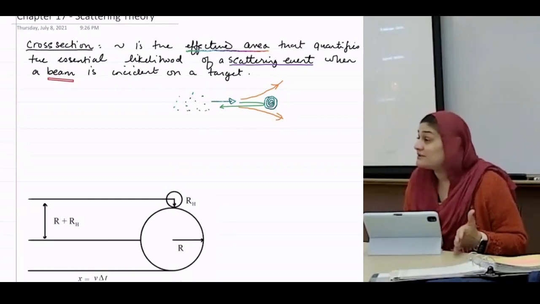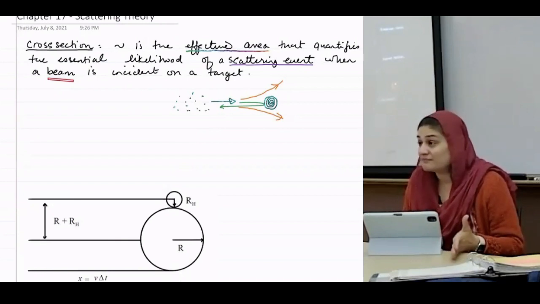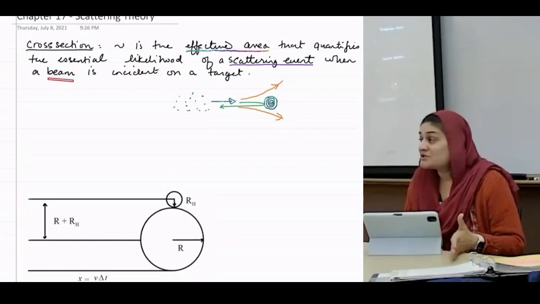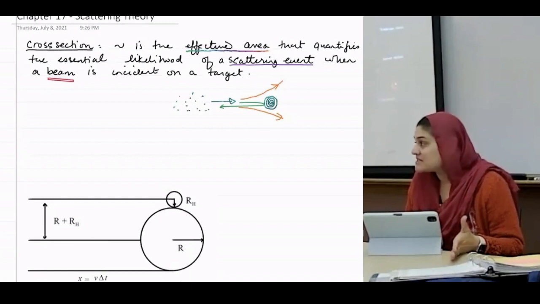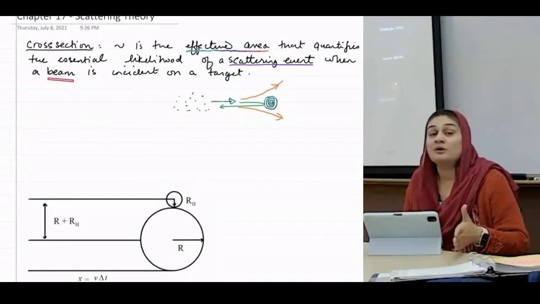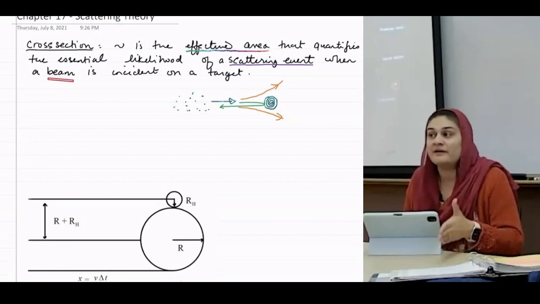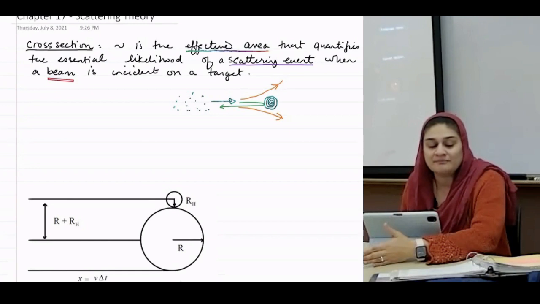Most of the particles in the beam will miss the target. Think about the words I'm using. Most of the particles in the beam will miss the target. There will be only a few particles that actually collide with the target, and that's what we want to study.